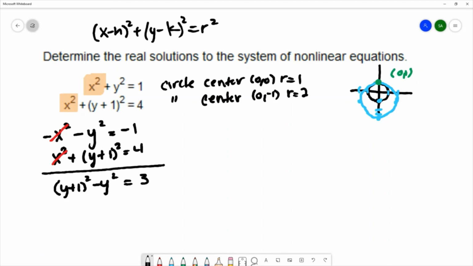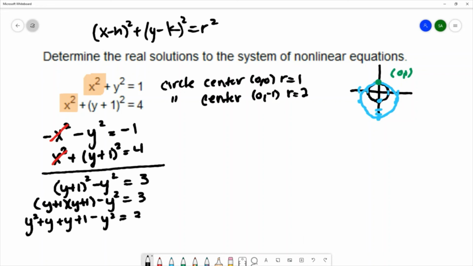And I want to solve this equation, so I've got to multiply this out. This is (y plus 1) times (y plus 1) minus y squared equals 3. If I multiply that out, I'll have y squared plus 2y plus 1 minus y squared equals 3. The y squareds cancel each other out.